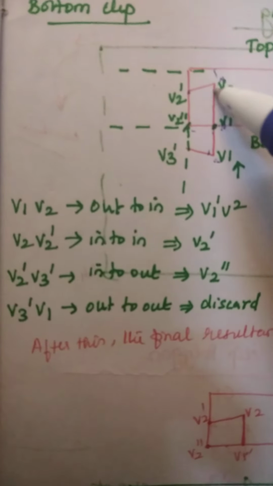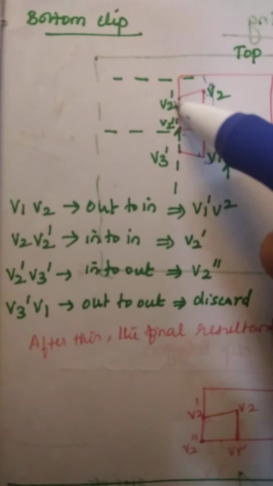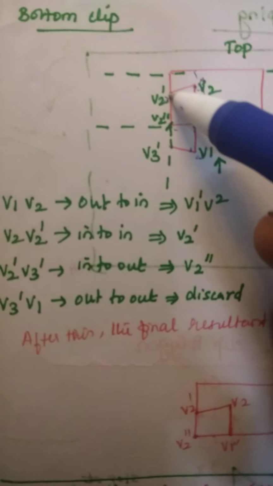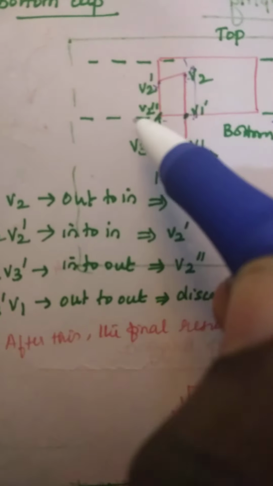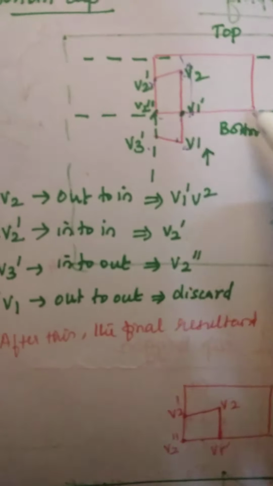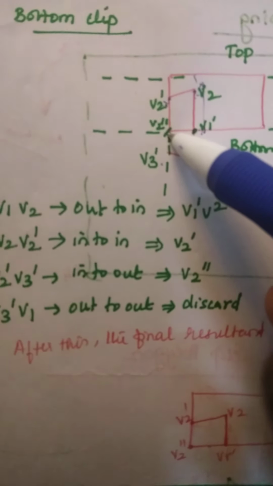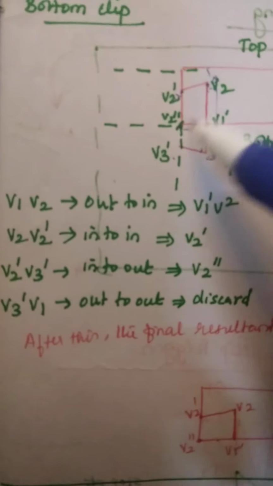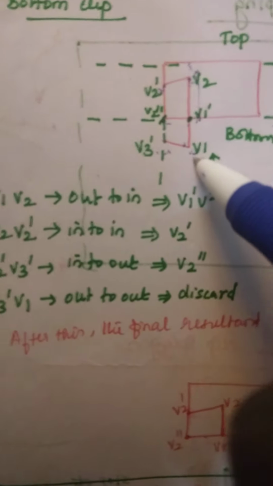Then the next thing is in to in, V2, V2 dash. So we are saving V2 dash. The third one is in to out, because we are using this line as the boundary. So V2 dash alone is being saved. The final one is V3 dash and V1, both lie outside, and we are discarding the line.